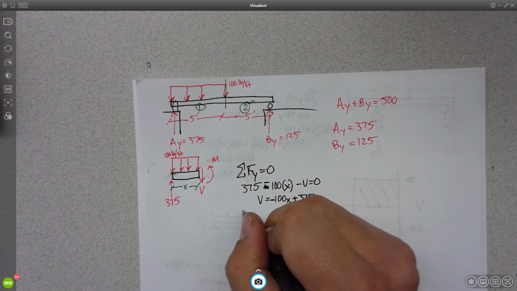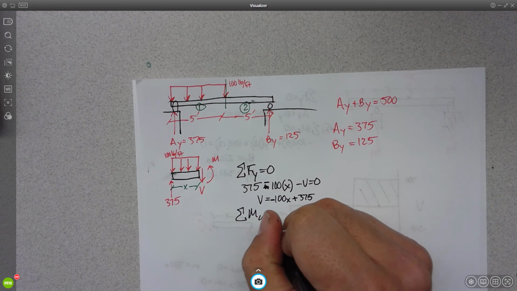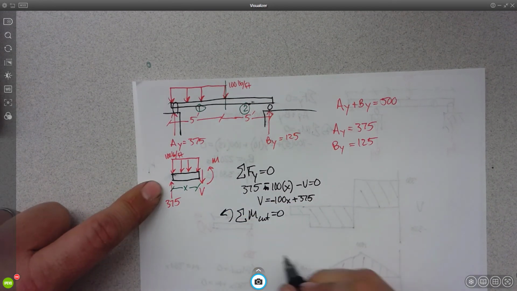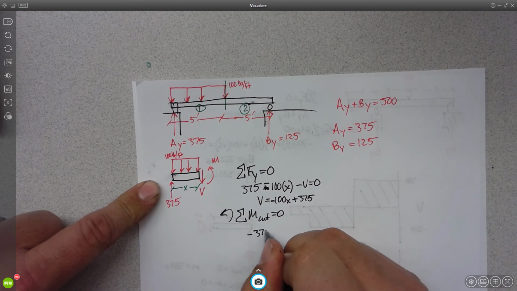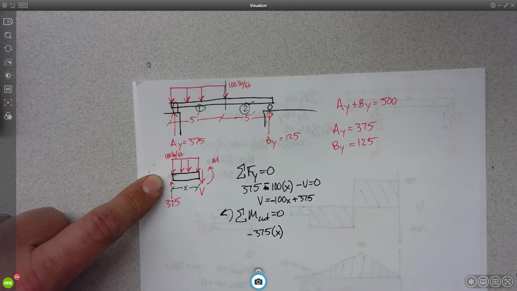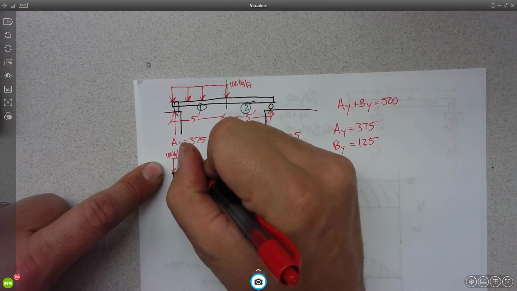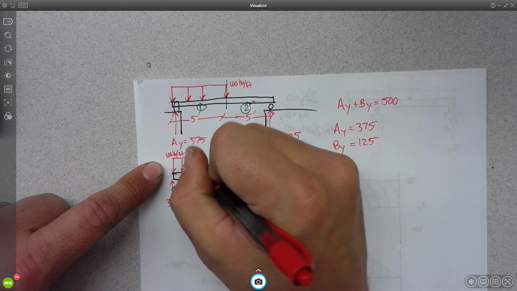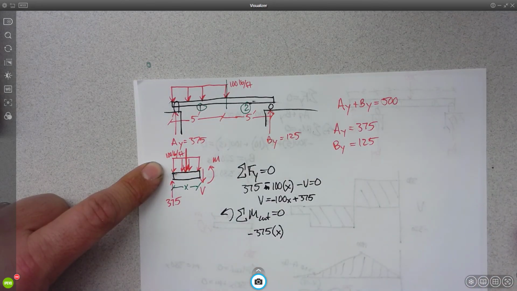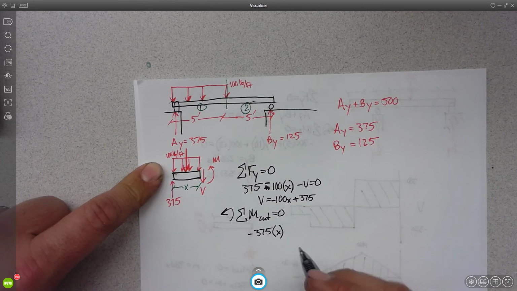What about our moment? And I have to sum the moment about the cut. Counterclockwise is positive. So I have negative 375 times x, right? And what about this guy? It's rectangular, so we know that its resultant acts in the middle. But first we need to figure out what the magnitude of that force would be.